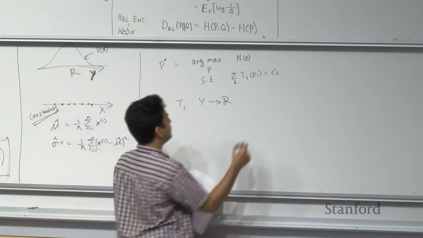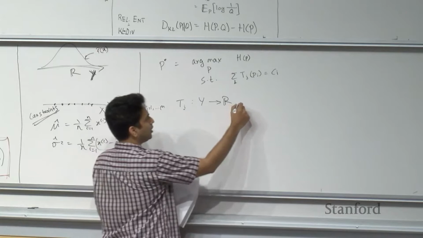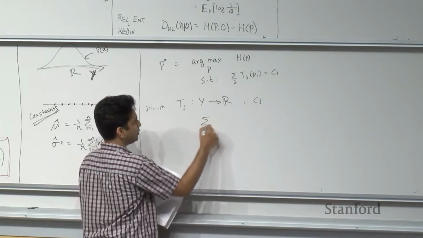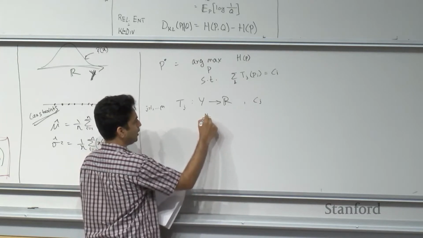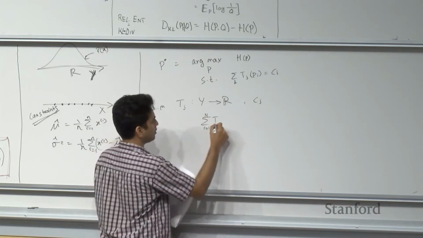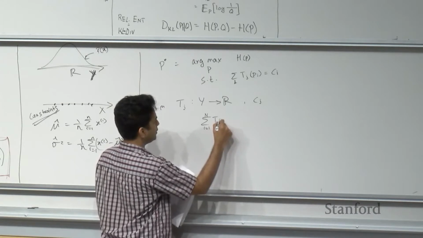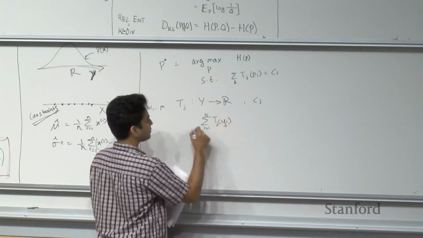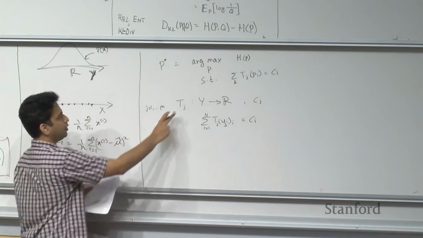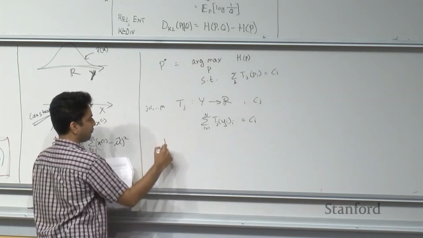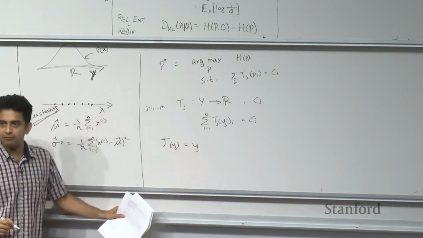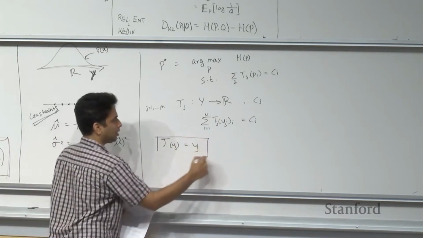It means that for every corresponding tj, there is a corresponding cj, the constraint value, where we need to satisfy the sum over i equals 1 through n of tj of yi is equal to cj. Now, if for example one particular t of y is equal to just y itself, then this gives us a constraint for the mean.